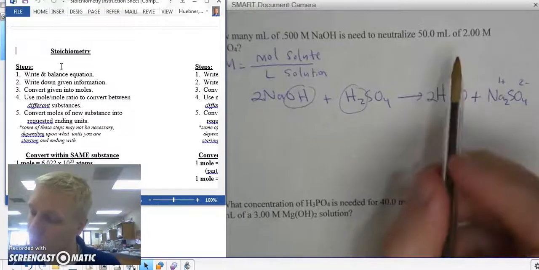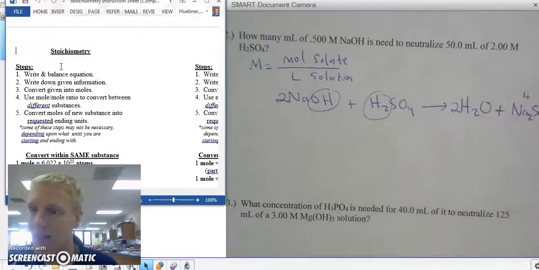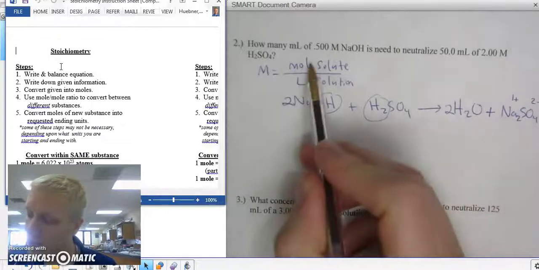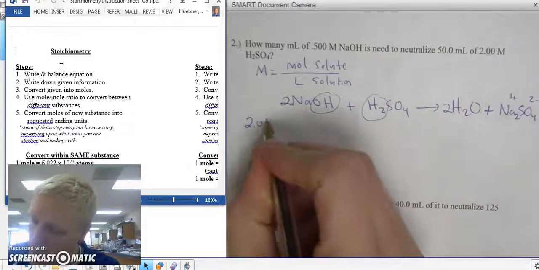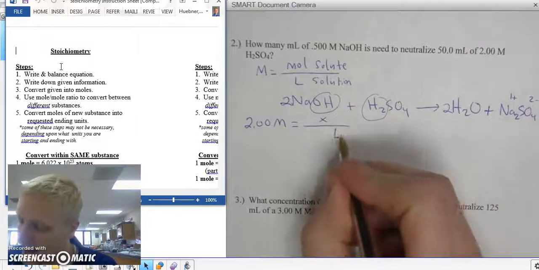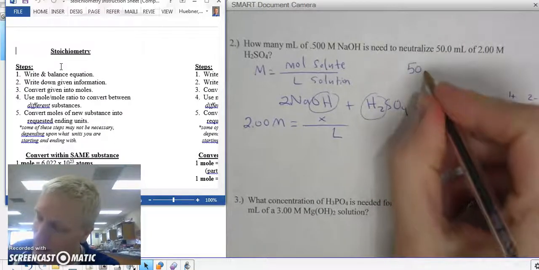So we said that we're going to start with H2SO4 because we have all the information required to find moles of that substance. So I'm going to write down my 2 molar, and this equals X moles divided by my liters. They give me milliliters, so I have to convert that.